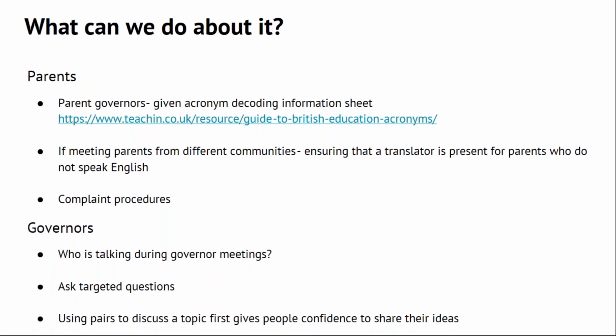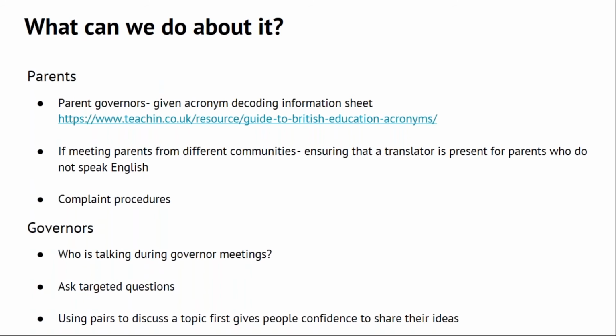And then finally looking at, for parents, what are your complaint procedures, and are they really clear? So do the parents know where they can go if they do have a problem, and how can you keep the lines of communication open between parent and governors?